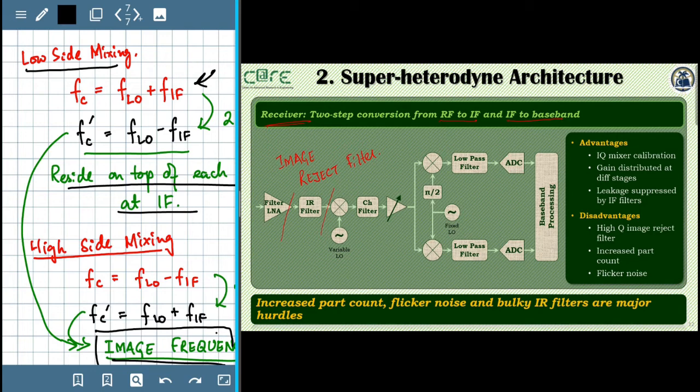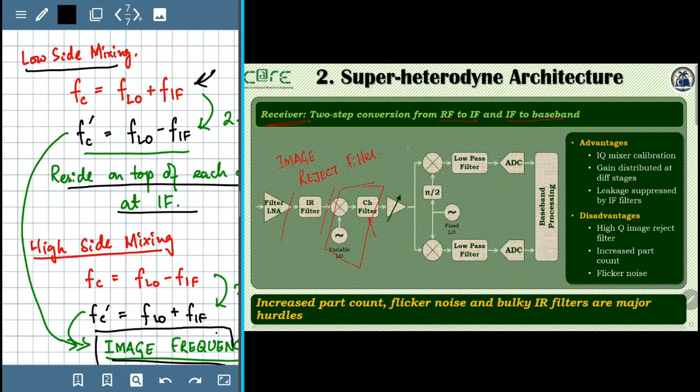So the image reject filter has to come before this process of conversion, which we saw earlier. It's basically the conversion from the RF to the IF, followed by a variable gain amplifier. The variable gain amplifier then adjusts the gain of the signal according to the filtered channel of interest.